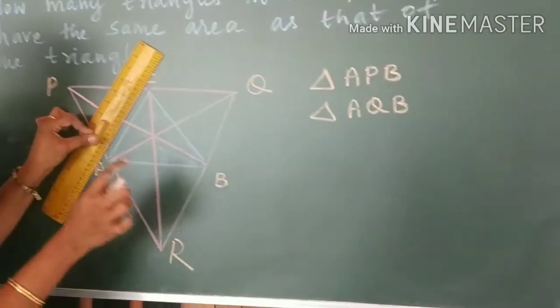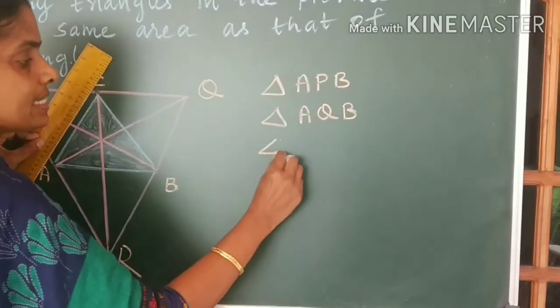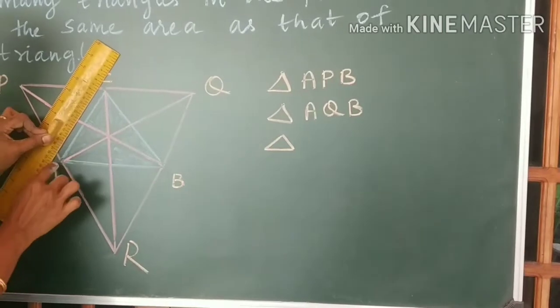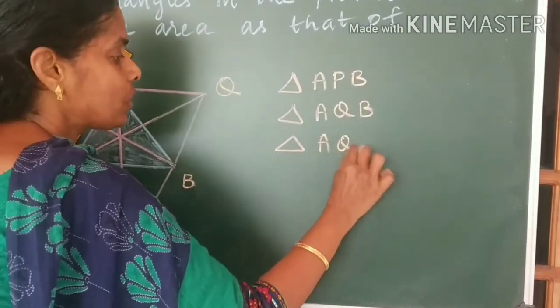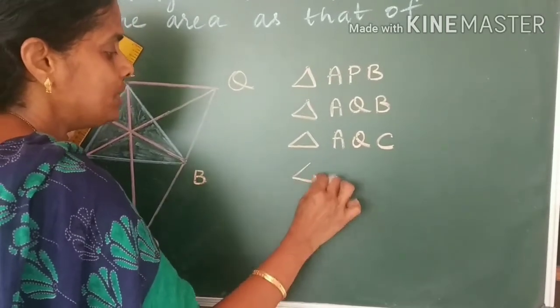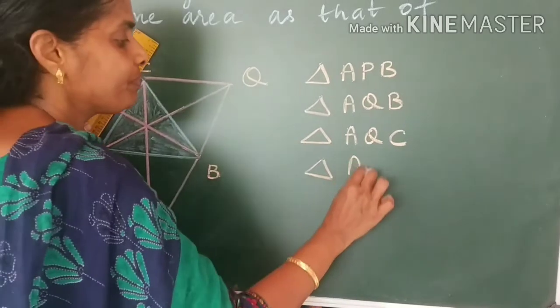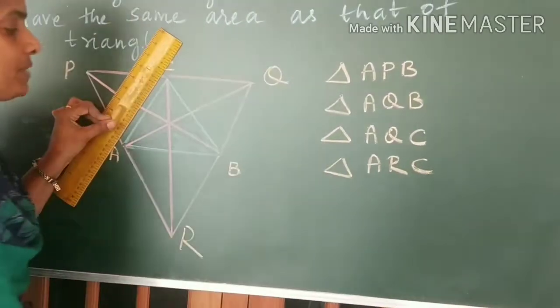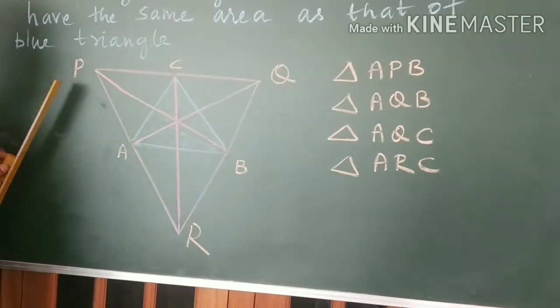Have same area as that of ABC. I am writing the answer here. Triangle AQC, and also triangle ARC have same area as that of this shaded triangle.